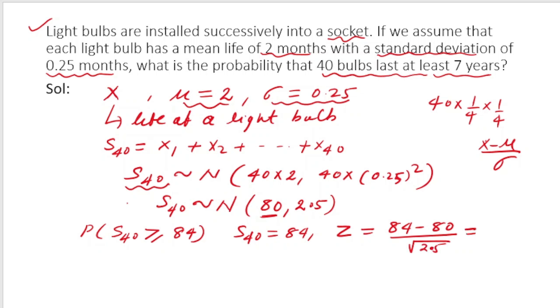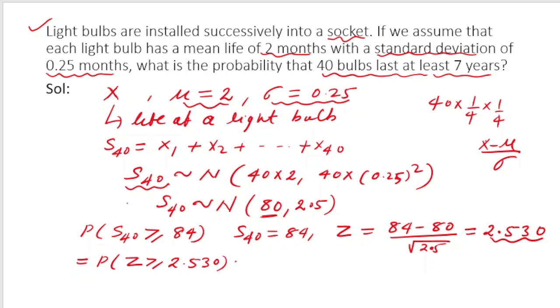If you do this calculation, it is 4 divided by the square root of 2.5, which comes to about 2.530. So the probability that S40 is greater than or equal to 84 equals the probability that Z is greater than or equal to 2.530.